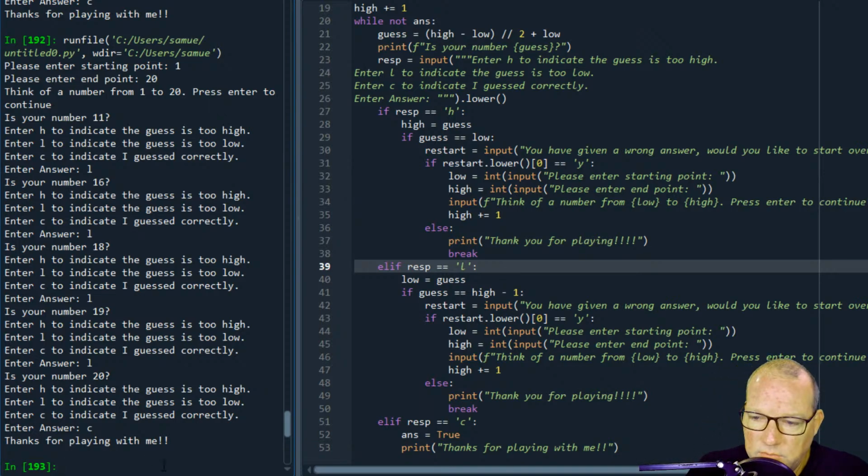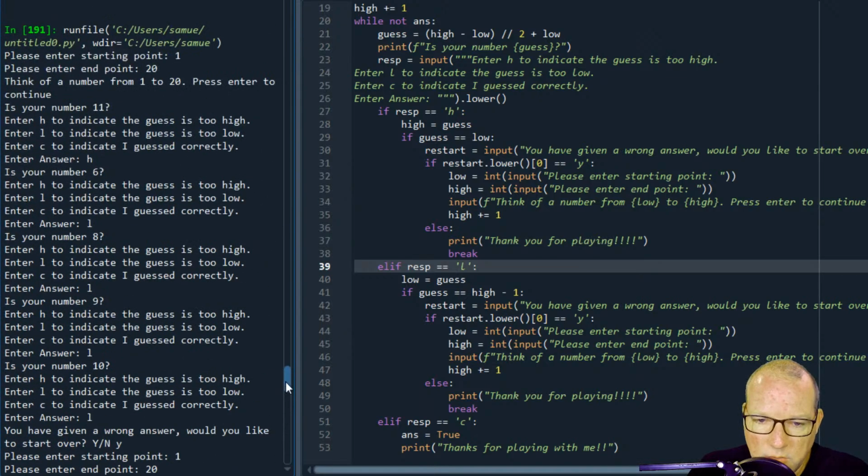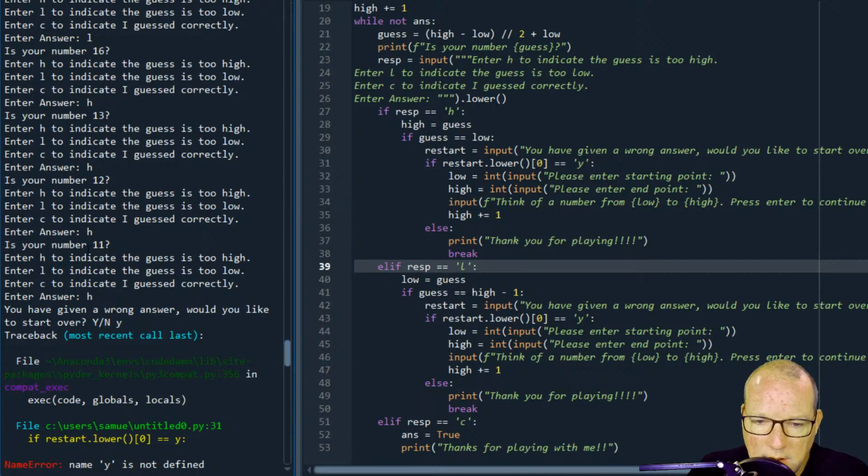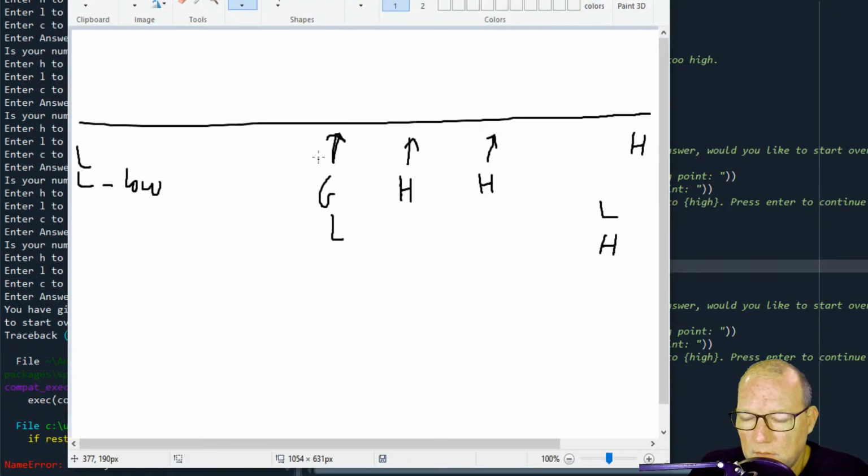And what happened is, well, just like we did earlier while we were testing, you just get stuck in this loop, because how can you tell me I'm too high over here, move this endpoint here, and then be too low?